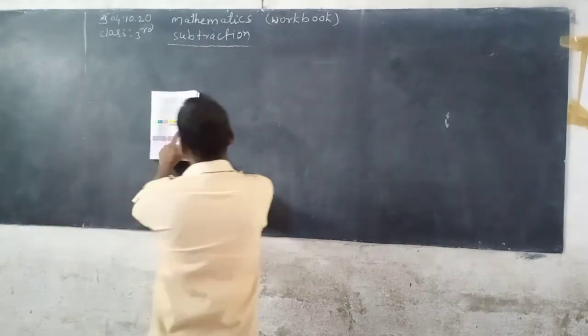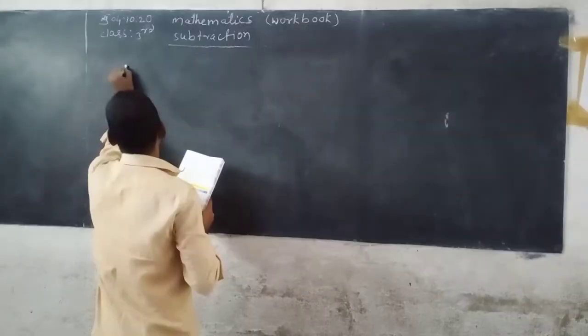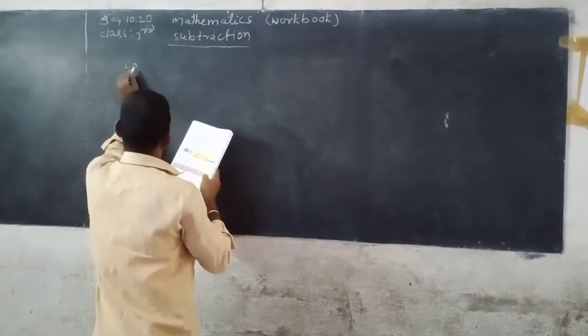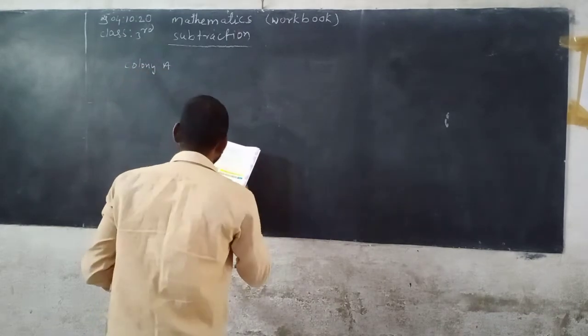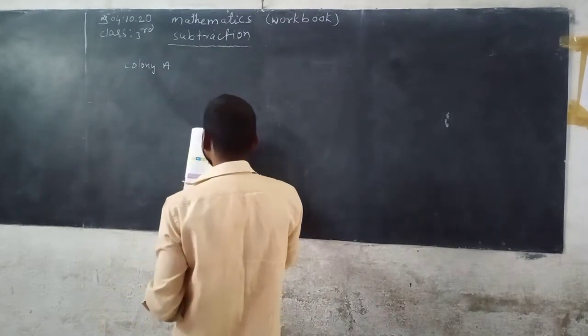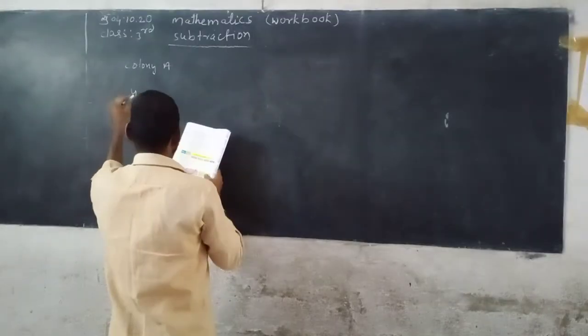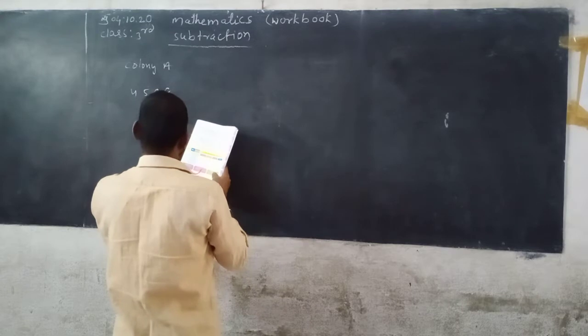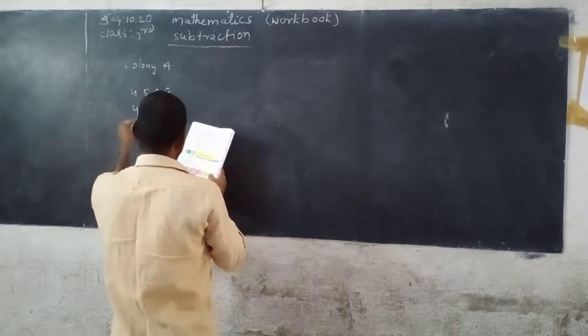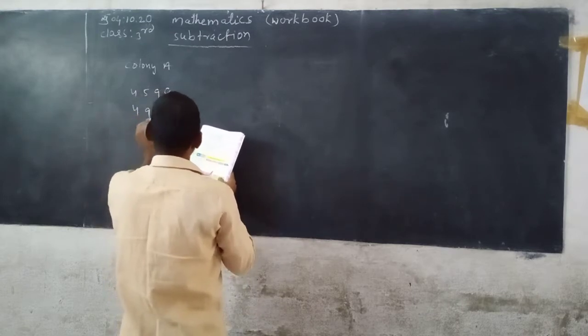See here, this is first colony A. Number of men 4,598, number of women 4,987.